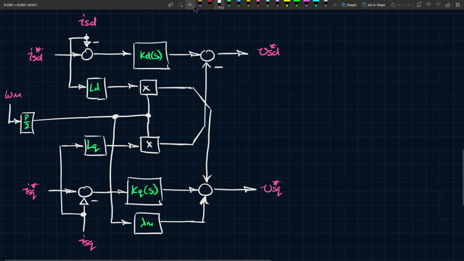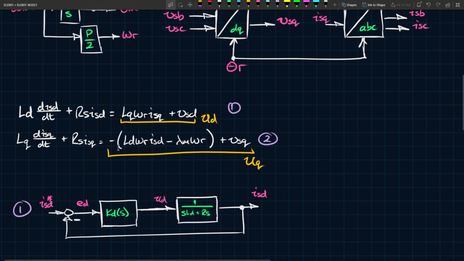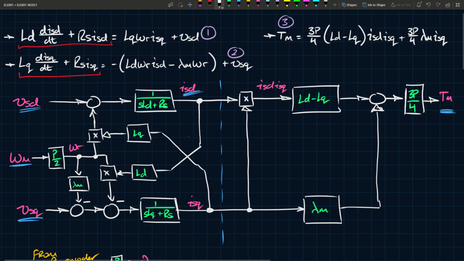Now, in the case of Vsq, you'll notice that these two quantities are negative, right? So if these are negative, and sorry, this should be a positive inside here. I think we did that at the top as well. We did. So let's fix these as well. This should be positive. Both should be negative, negative.